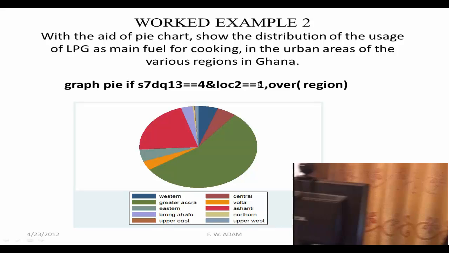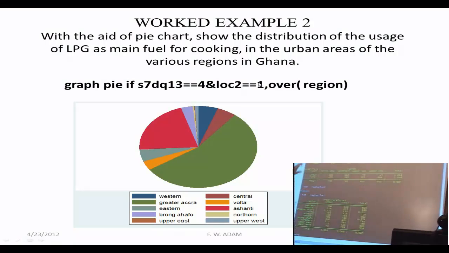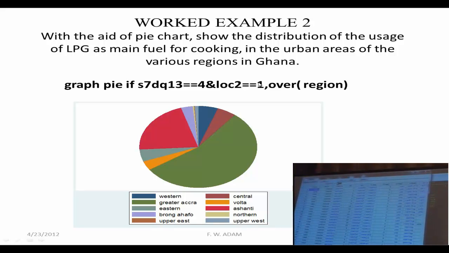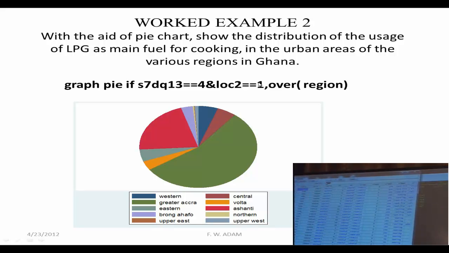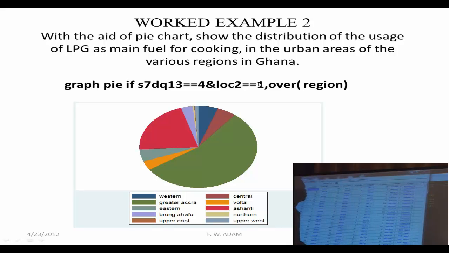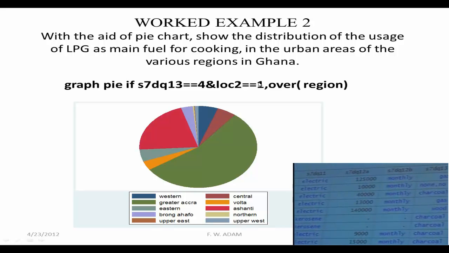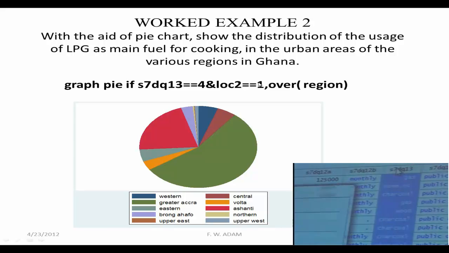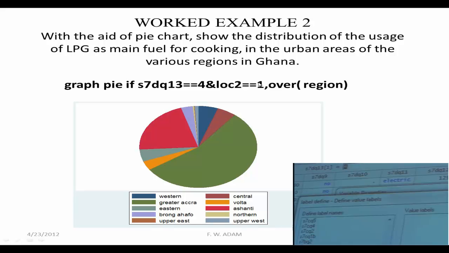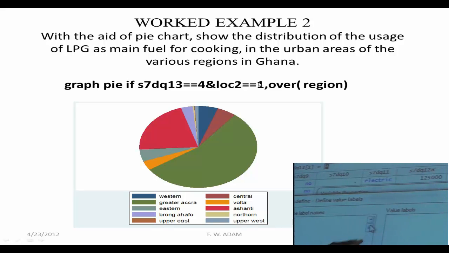So we click on our data editor, and then we look for main fuel for cooking. That's S7DQ13. You can look at define, modify, and take main fuel for cooking.